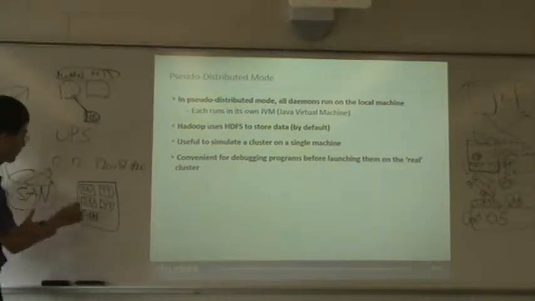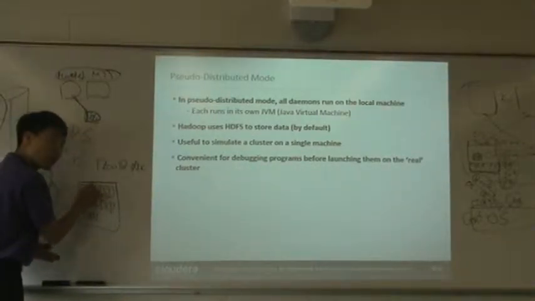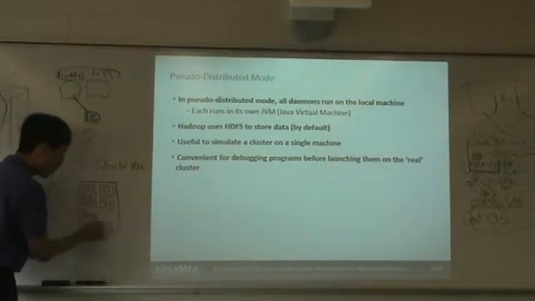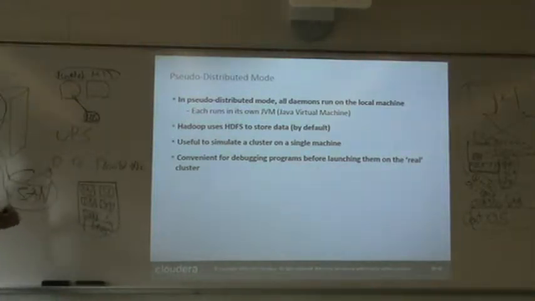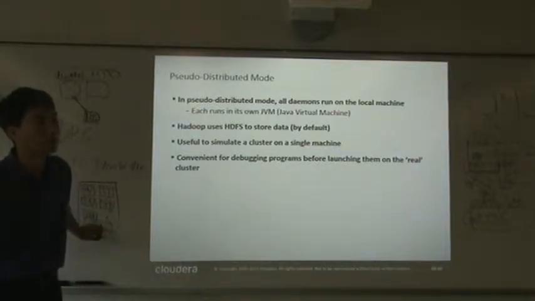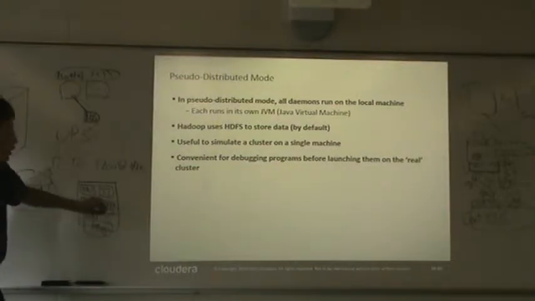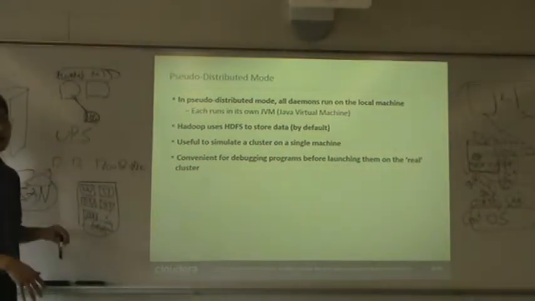Each runs as a daemon process, and there's also the HDFS. Actually, is the HDFS for that machine real, or is it fake like the previous one? This is the architecture that you are currently using. Okay.